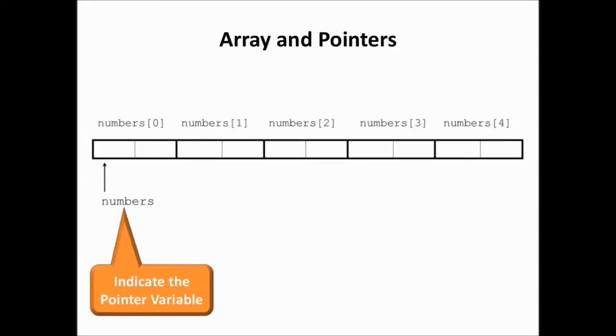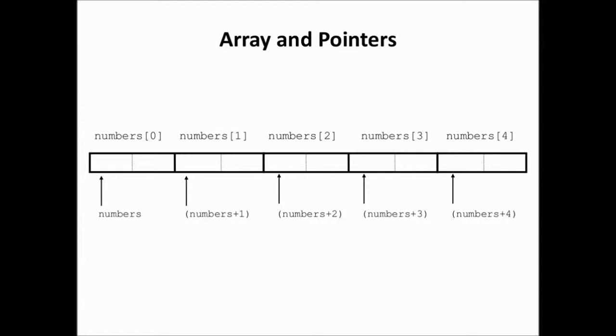So here is an example of an array with name numbers, and the first element is indicated by the pointer variable. Numbers[0], numbers[1], numbers[2], numbers[3], and numbers[4] are the locations of this array.